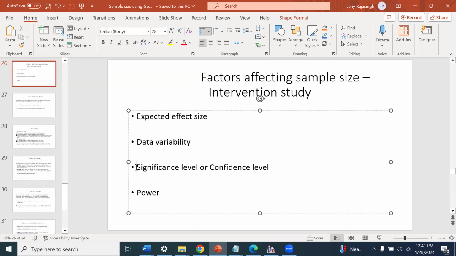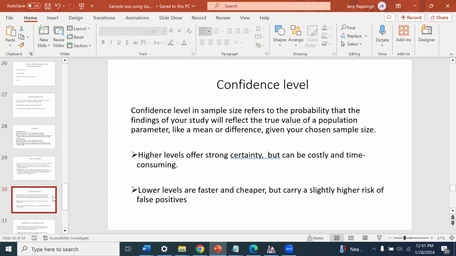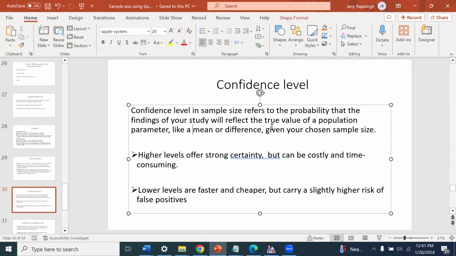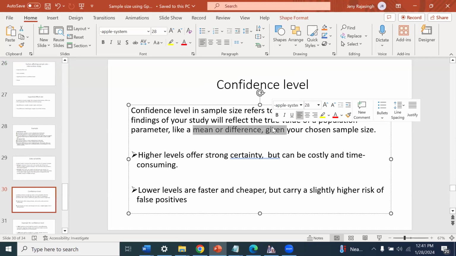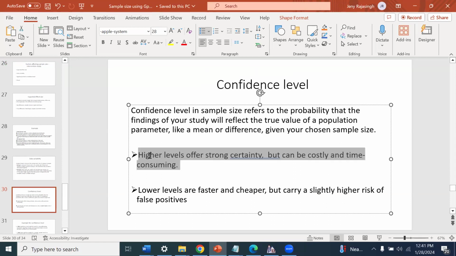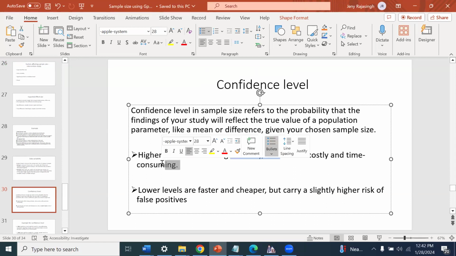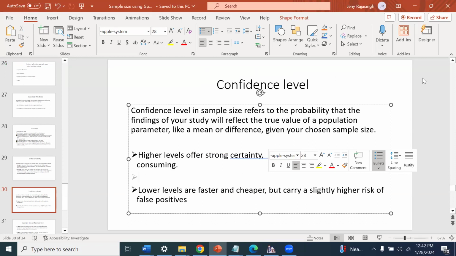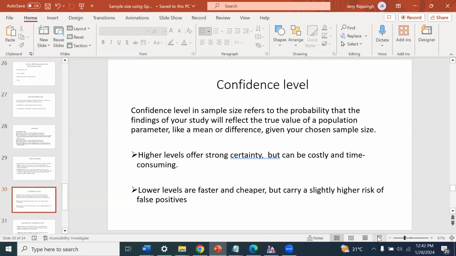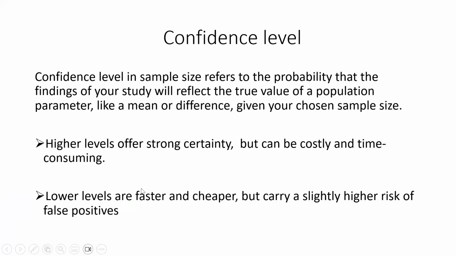The third one will be the confidence level. We have seen it already. Confidence level is how confident you are about the true value of the population parameter, how accurate your results are. Based on the confidence level, your type 1 error will be decided. If you choose a higher confidence level, then you may need a higher sample size, which may be costly and time consuming.